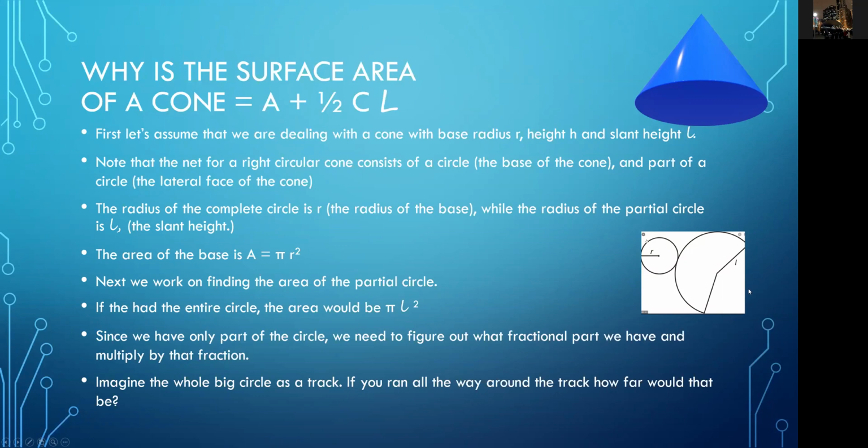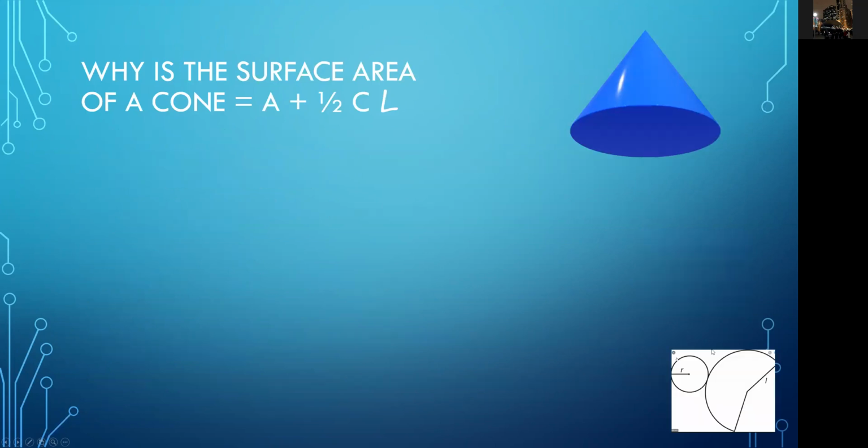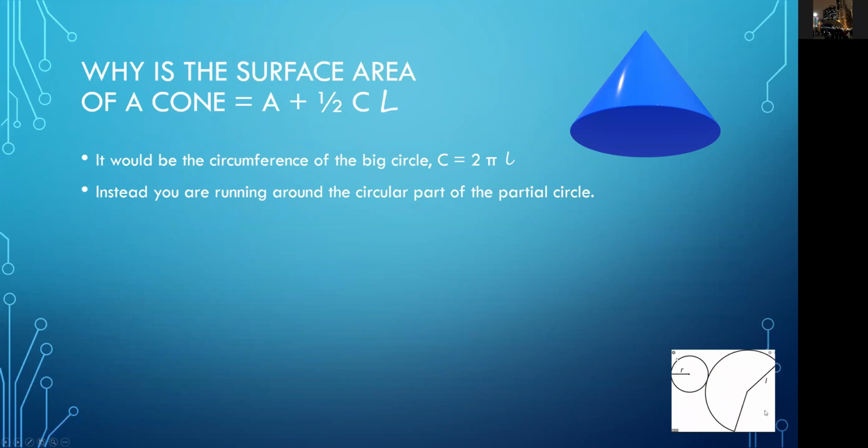So imagine the big circle, if we had the complete circle, as a track. If you ran all the way around that, how far would you have run? You would have run the circumference of the circle, which is 2 pi L. Instead, you're going to run from right here at the bottom all the way around to right over here.